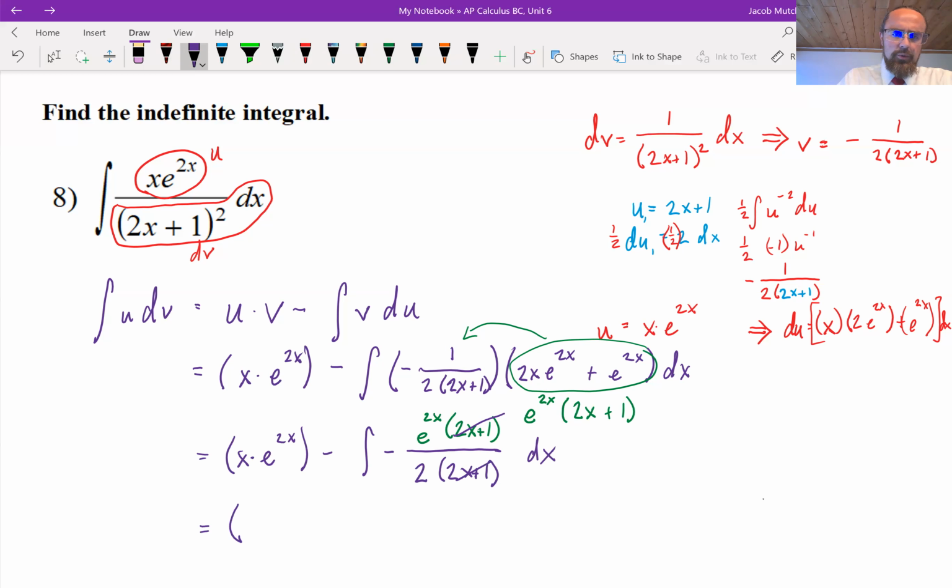So this is now going to be equivalent to, we can probably drop our parentheses, x times e to the power of 2x. My negatives are going to become plus. I'm going to let that 2 come out as a half times the integration. All that's left is e to the power of 2x dx.